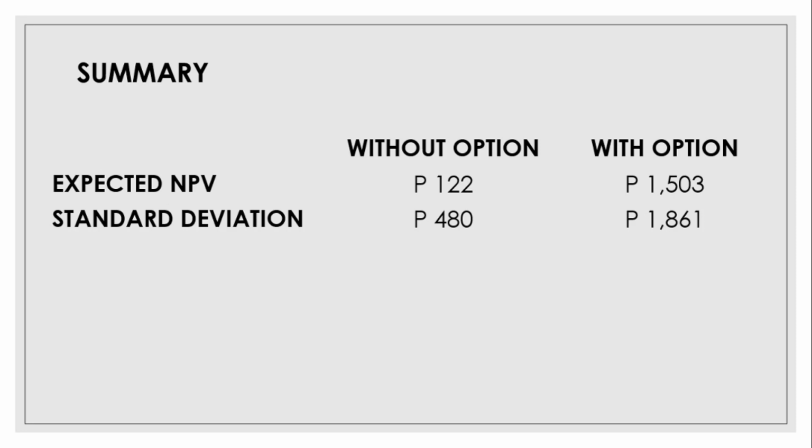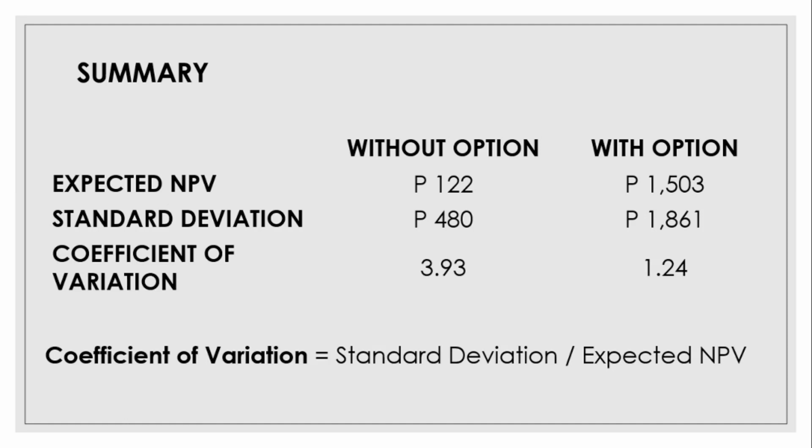To compute the COV, or the coefficient of variation, that is the standard deviation over the expected NPV. So we divide 480 by 122 and 1,861 by 1,503. And so our coefficient of variation for without option is 3.93 and for with option is 1.24. How do we interpret this 3.93 and 1.24?